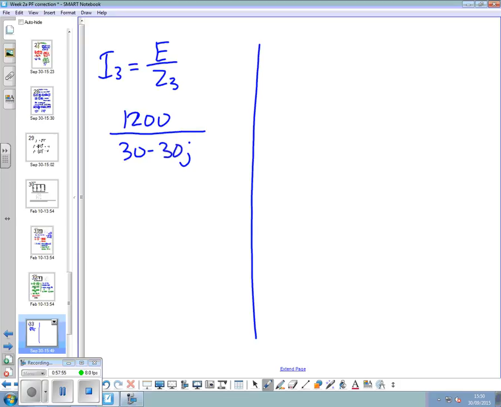Right, and that's equal to 1200 times 30 plus 30J over 1800, multiplying top and bottom by the conjugate.